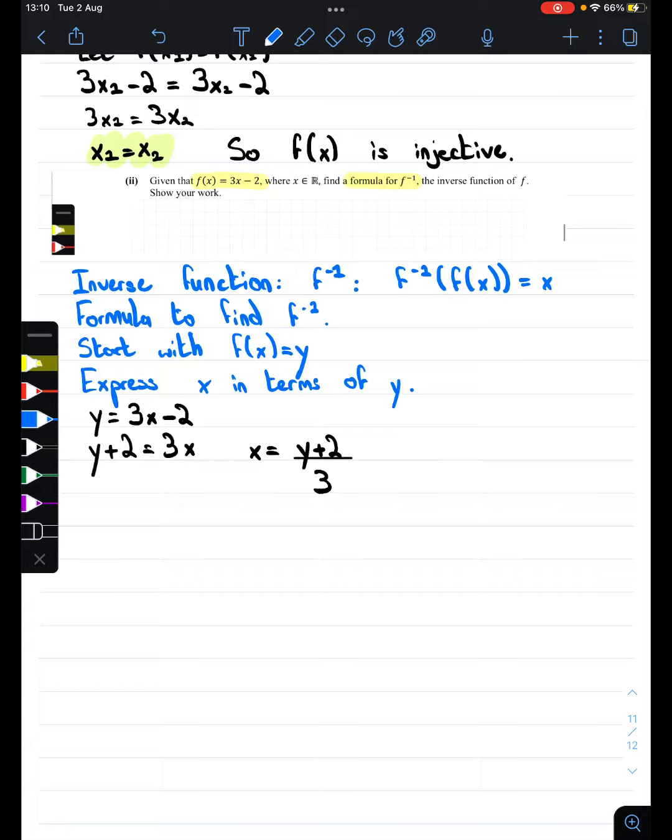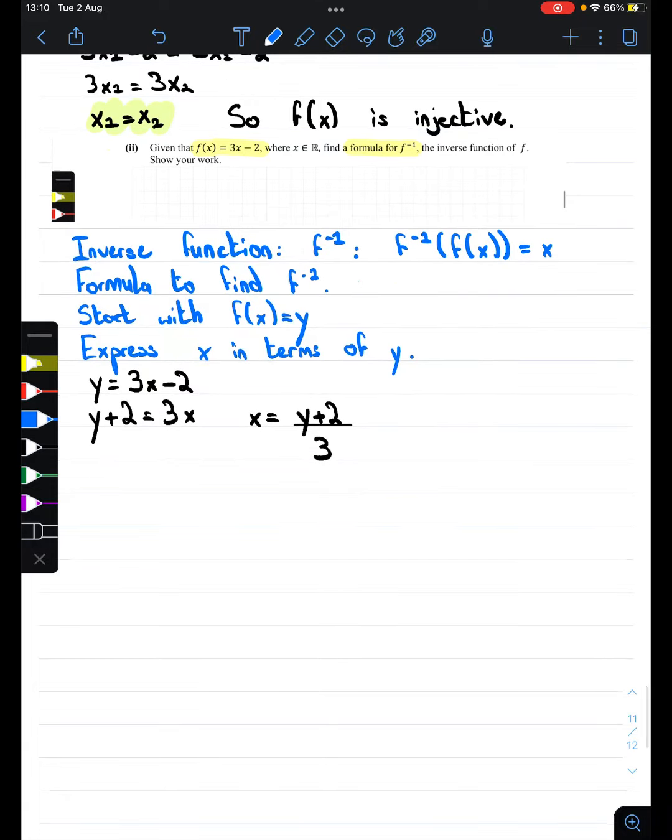And then the next part of the formula is you replace y with x, and then let f inverse be the function. So let f inverse of x equal, in this case, y plus 2 over 3, or not y, x plus 2 over 3.